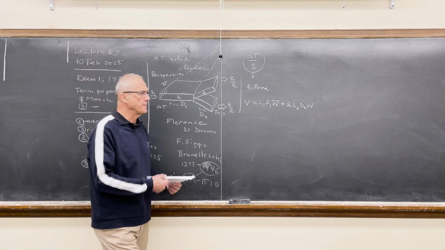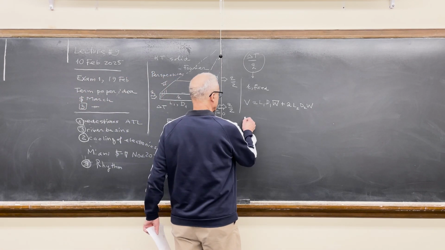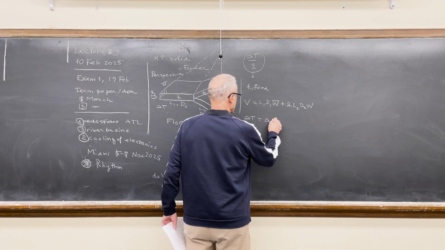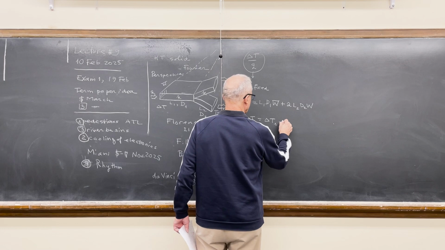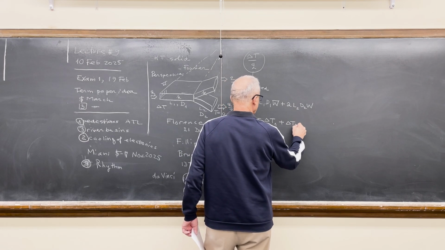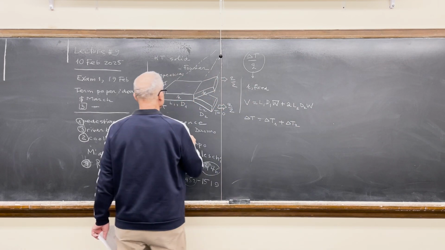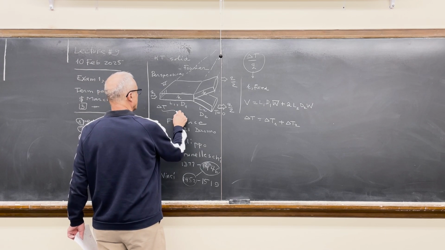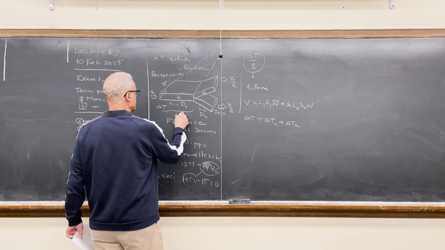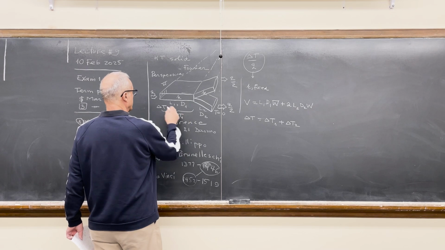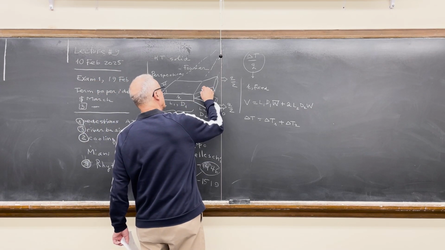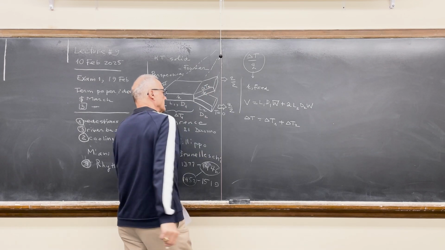It's the same here, that what we would like to decrease is delta T1 plus delta T2, where delta T1 is the temperature difference here from left to right, and delta T2 is the remainder.